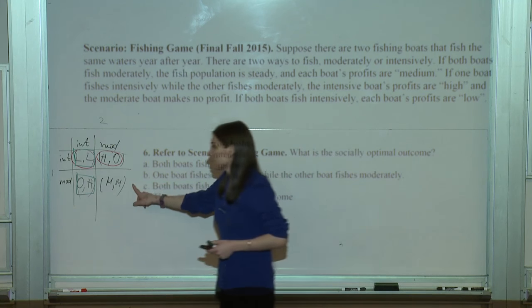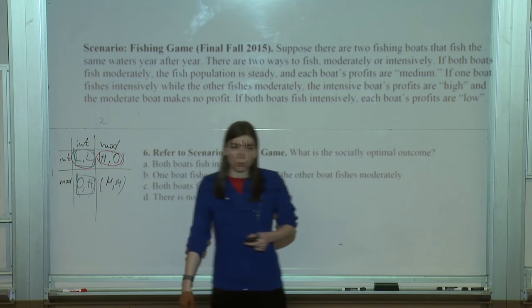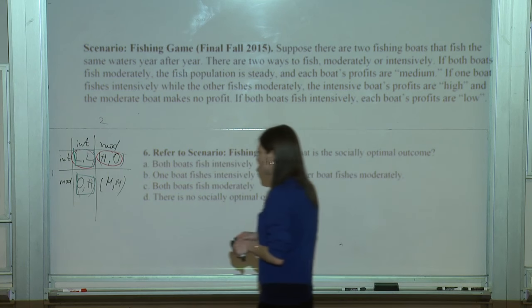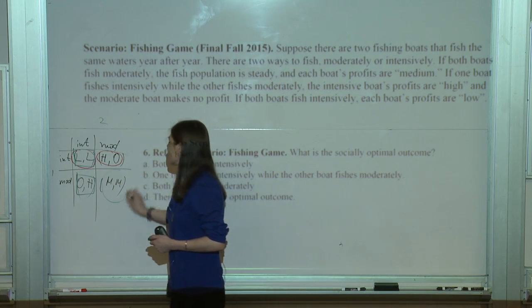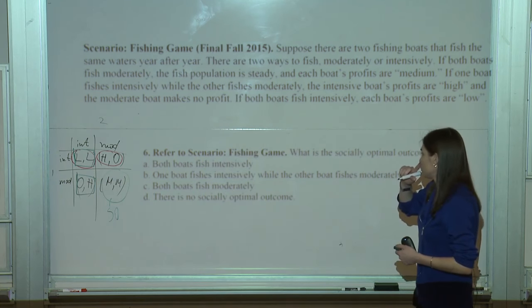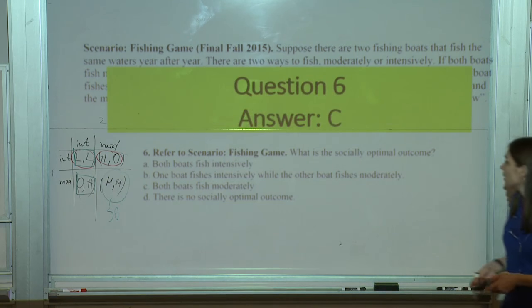To fish moderately, both of them to fish moderately. And that would preserve the population of fish, and they would get moderate profits. All right. So this would be the socially optimal. And that would be answer, what is it, C? Answer C.